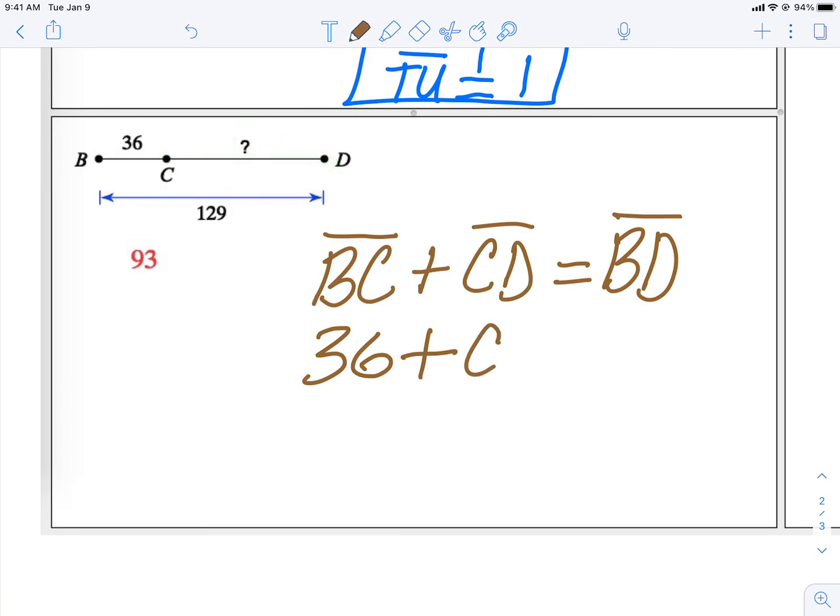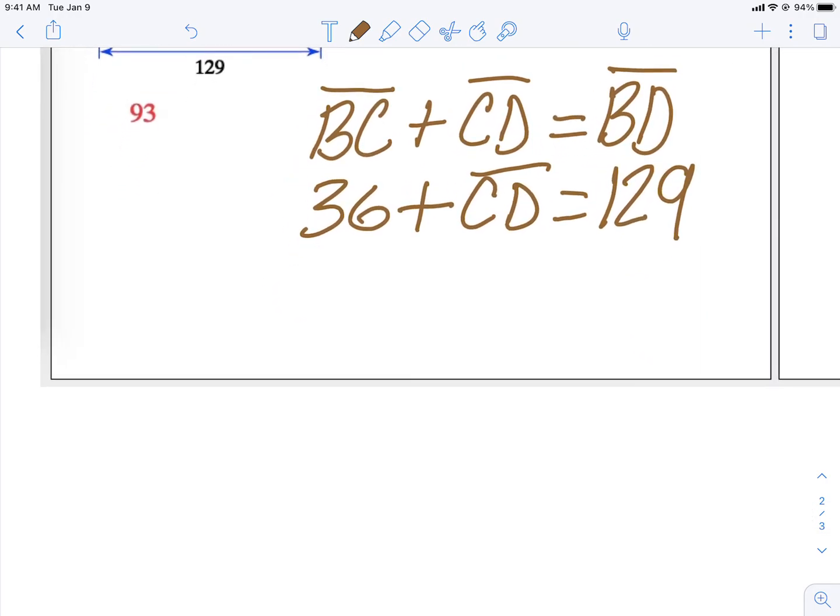So we're going to leave it as C to D is equal to B all the way to D, which is equal to 129. So I'm going to draw my line of separation here, and I'm going to draw my equal.